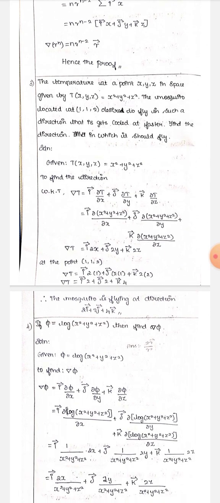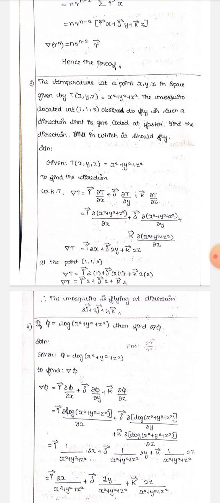The first one: the temperature at a point x, y, z in space is given by T of x, y, z equal to x square plus y square plus z square. A mosquito located at 1, 1, 2 decides to fly in such a direction that it gets cooled fastest.